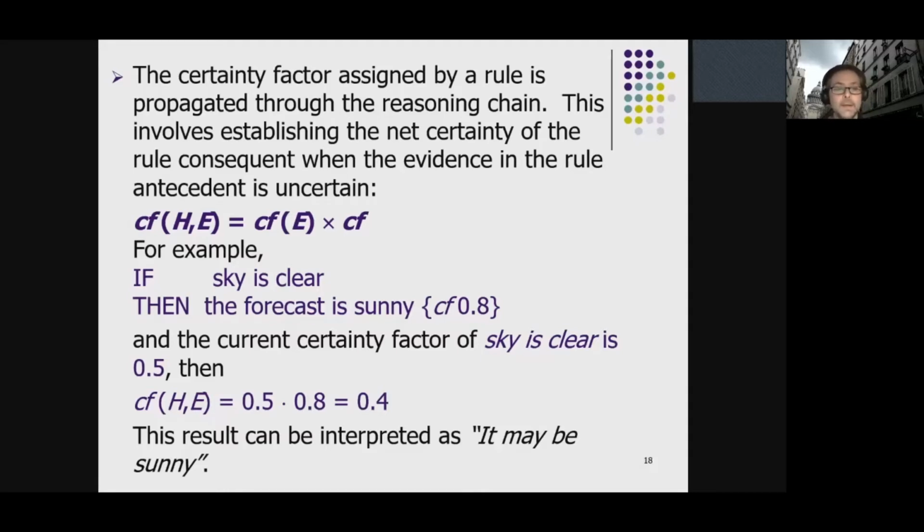We multiply 0.5 times 0.8, which gives you 0.4, and this result can be interpreted as it may be sunny. This is how we are going to calculate the output of this rule, given the evidence that we currently have.